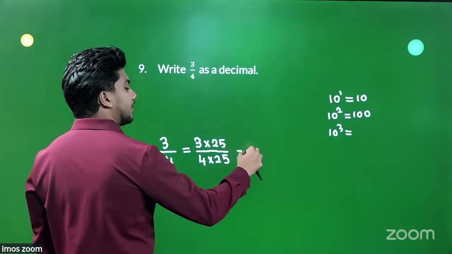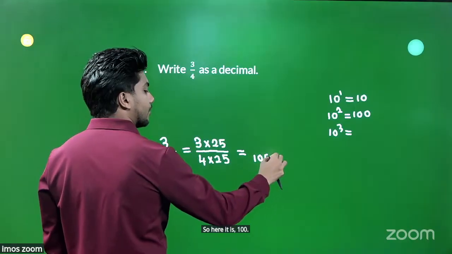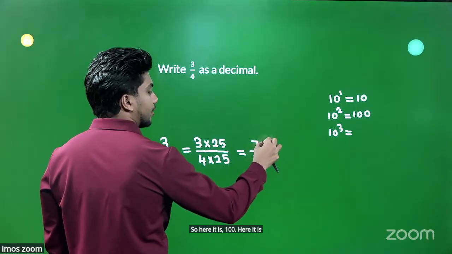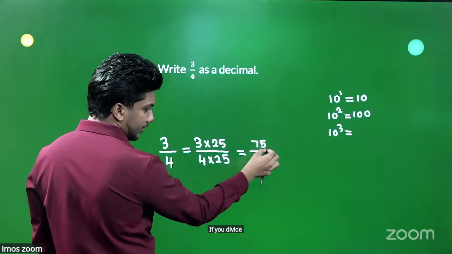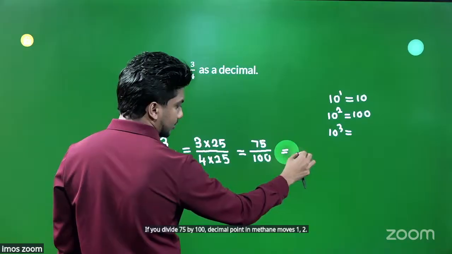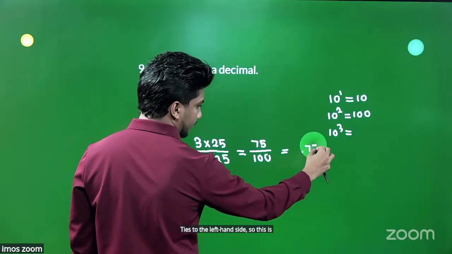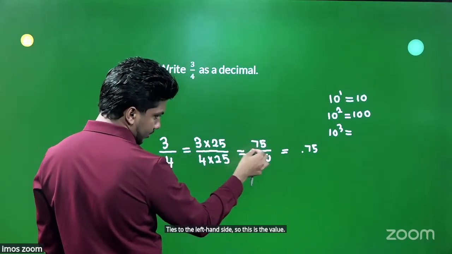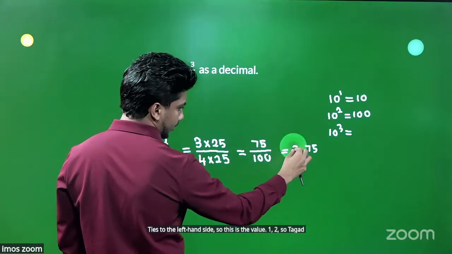So here it is 100, here it is 75. If you divide 75 by 100, the decimal point moves twice to the left. So I can put a 0 here: 0.75.